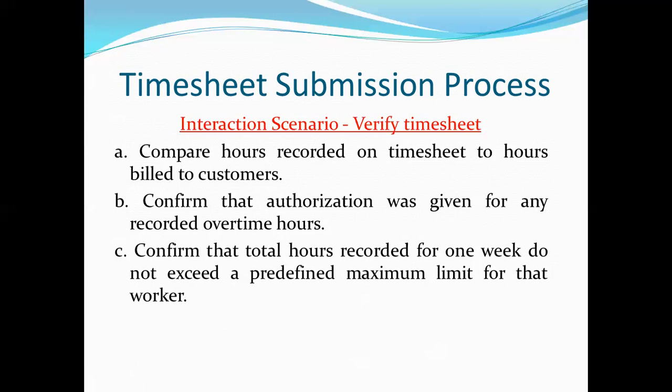Confirm that the total hours recorded for one week do not exceed a predefined maximum limit for that worker or employee. If all three conditions are accepted, then this interaction scenario says that you accept the timesheet. So to accept the timesheet, these three conditions are executed and monitored. If the three conditions are satisfied, then and only then the timesheet is accepted. If one of the conditions fails, the timesheet is rejected.